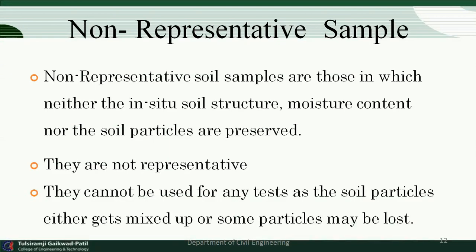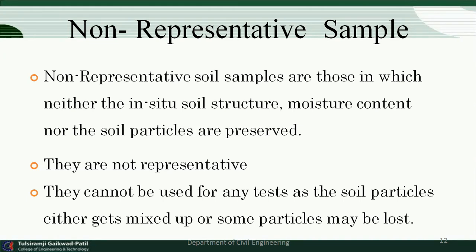Now, what do we mean by non-representative samples? The non-representative soil samples are those in which neither the in situ soil structure, moisture content, nor the soil particles are preserved. They can't be used for any test, as the soil particles either get mixed up or some particles may be lost.